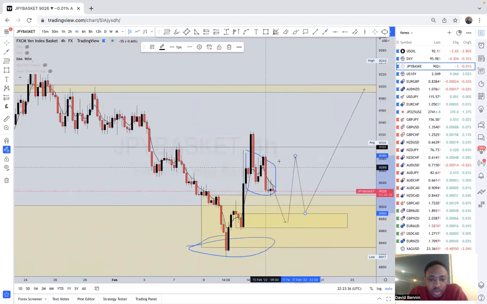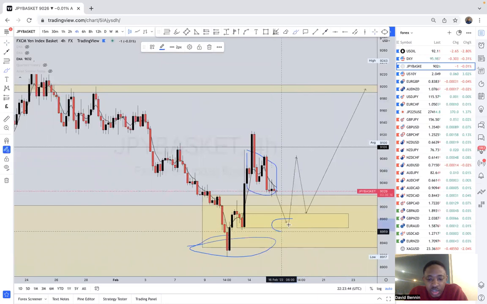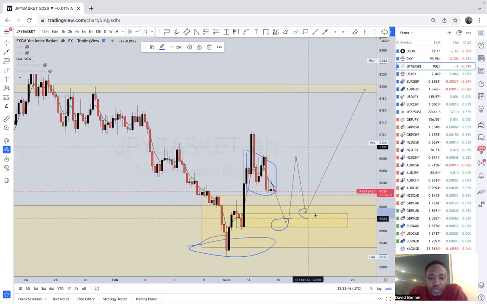Push down, push up to this level, come back down, and then a push up. This is a sort of scenario I'm seeing with this market structure here. So hopefully we are looking for a very bullish Japanese yen, which means we should see the Japanese yen pair setting up. So we should see the GJ looking to sell, AJ looking to sell, NJ looking to sell, and stuff like that.